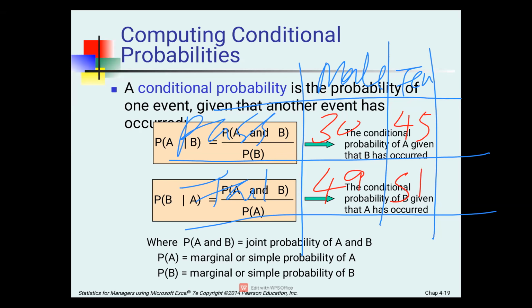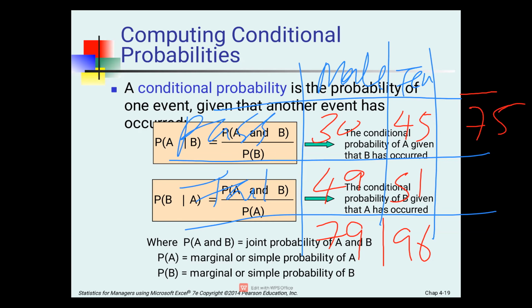And 51 here. Then you have to sum up these numbers. Summing up for the males, this will be 79, right? Yes, 79. When you sum, this will be 96. This will be 75, right?